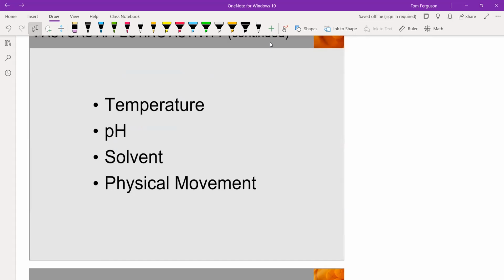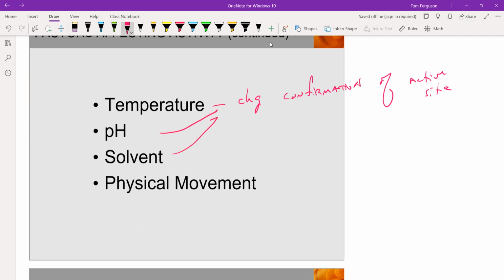Okay, so these are the factors that affect the speed of the reaction. Temperature changes the conformation of the active site. So does pH. So does salt. Solvent, though, is mostly bodily fluids, so it's mostly in an aqueous or a water environment.